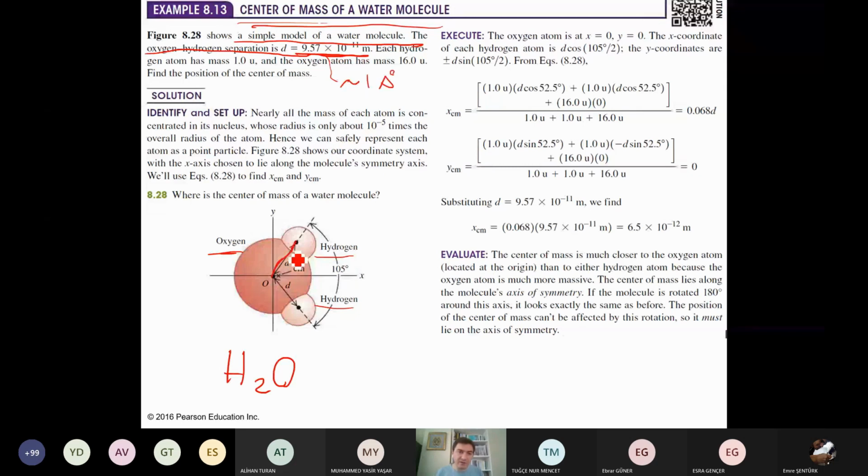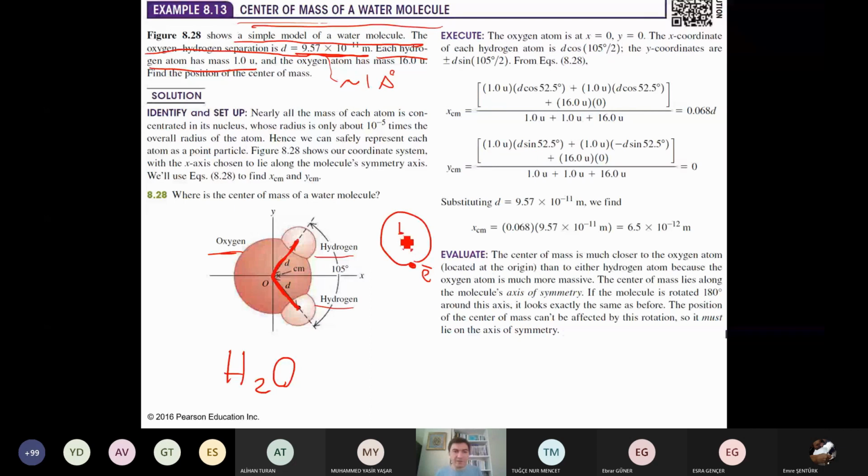The distance between the center of the hydrogen and the center of the oxygen, and here again we have the same distance. Each hydrogen atom has mass 1 u. So what is a hydrogen atom? A hydrogen atom contains 1 proton in the nucleus, and also 1 electron is traveling around this nucleus.